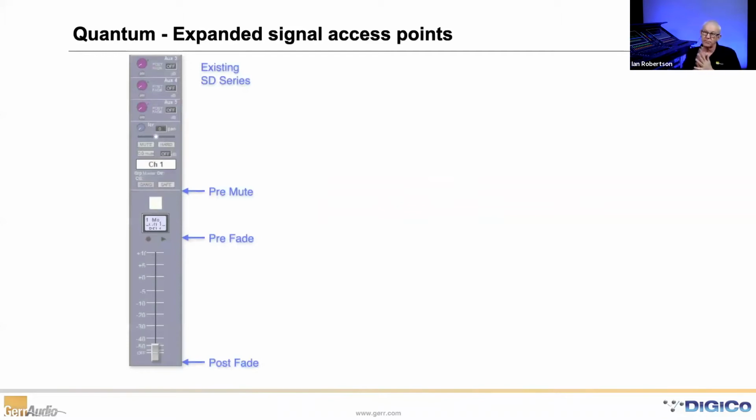So in Quantum, what they did is they added 3 more to that array of pick-off points. So you can actually take one halfway between the EQ and the dynamics if you want. You can take one that's pre-EQ, which is the big one that everybody was asking for. It's just simply not possible in the SD series. But with the added power of the quantum processing, it is.